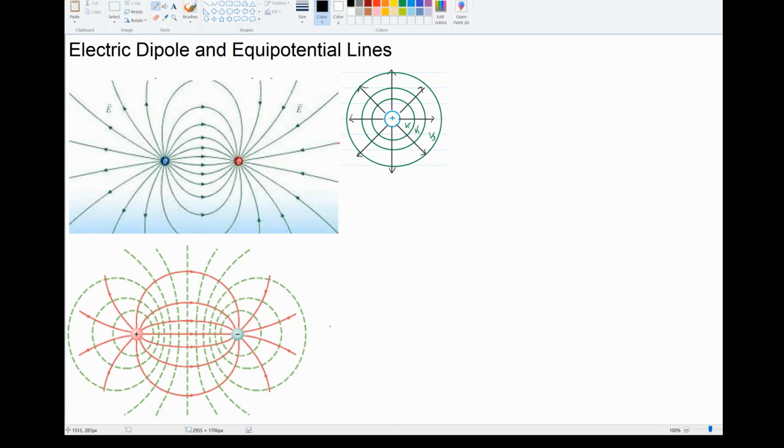And we might ask ourselves, if I put a positive test charge next to this monopole, which direction would it go? Well, if I put it right here, let's say, it would go this way. And if I put it right here, it would be repelled from the monopole, and it would go this way.